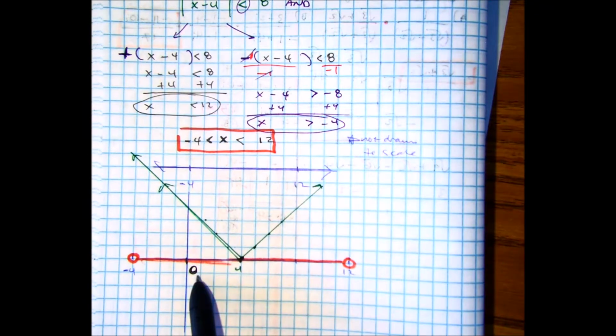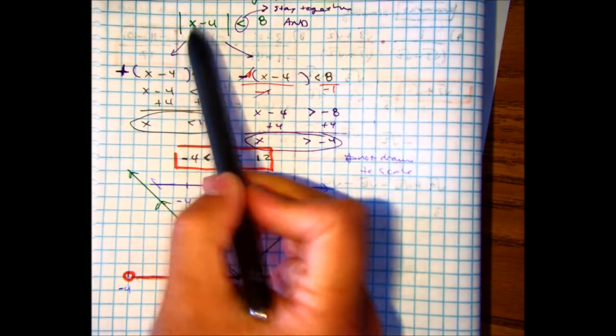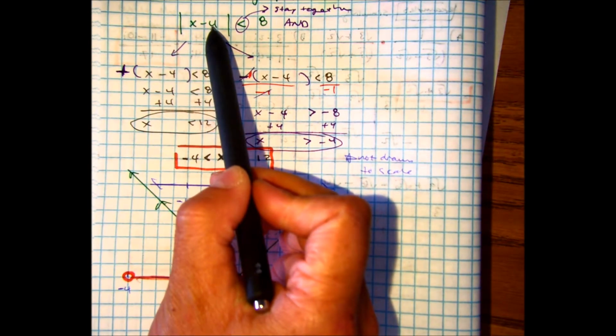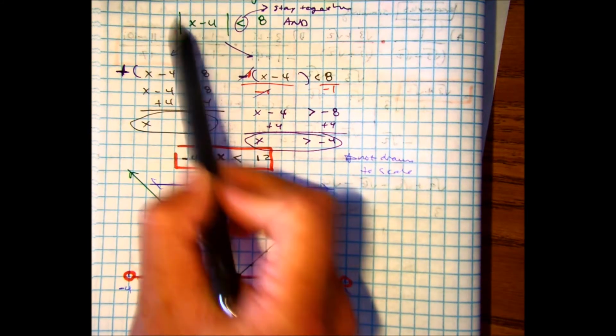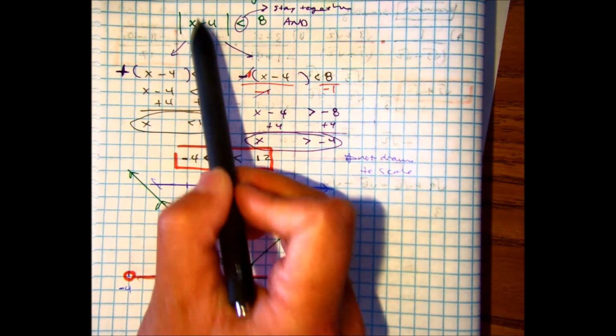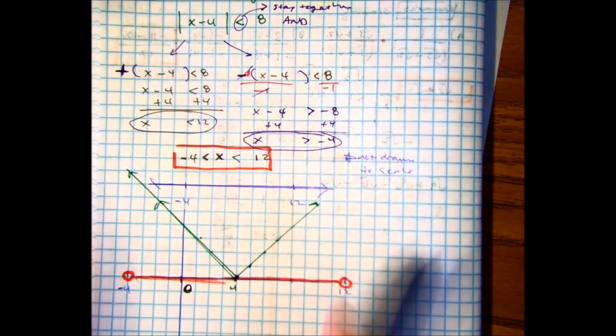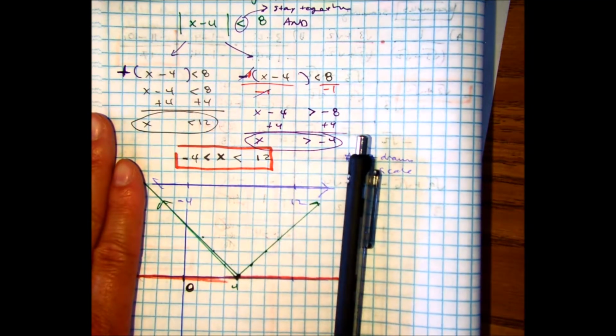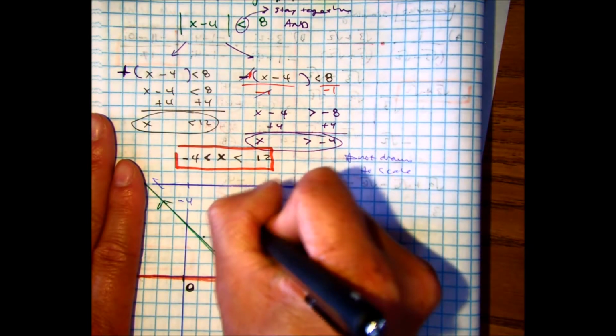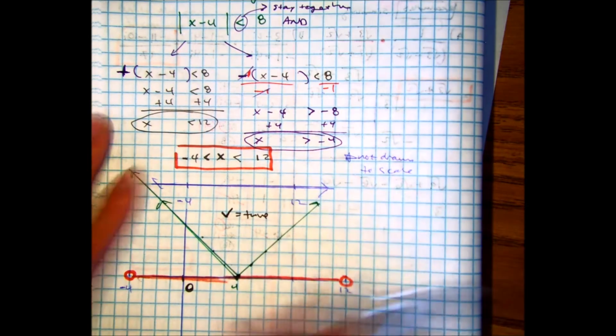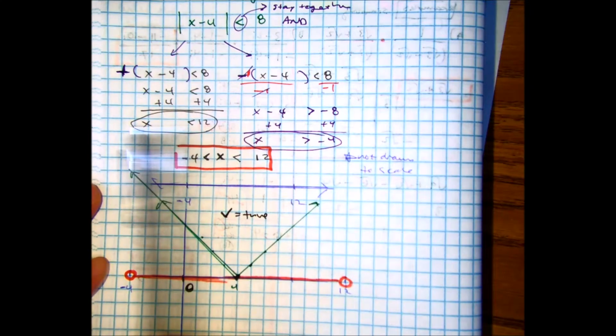You can even put it back into the equation. Class, 0 minus 4. Absolute value of -4 is 4, smaller than 8. Okay, this whole region in between these 2 points is true. Okay, all of this is true.